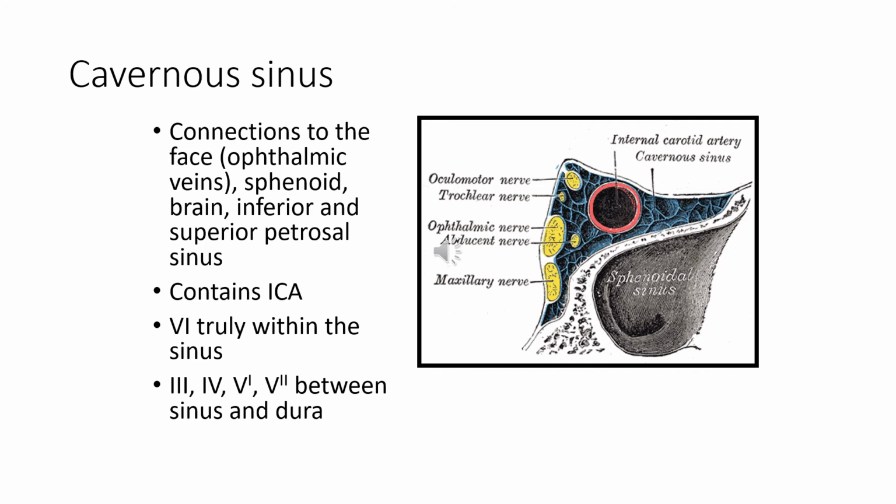The cavernous sinus is a venous sinus with important connections to the face via the ophthalmic veins, to the sphenoid bone and sphenoid sinuses, posteriorly and medially to the brain that surrounds this region, and drains via the inferior and superior petrosal sinuses that we have seen on some of the other cartoons.